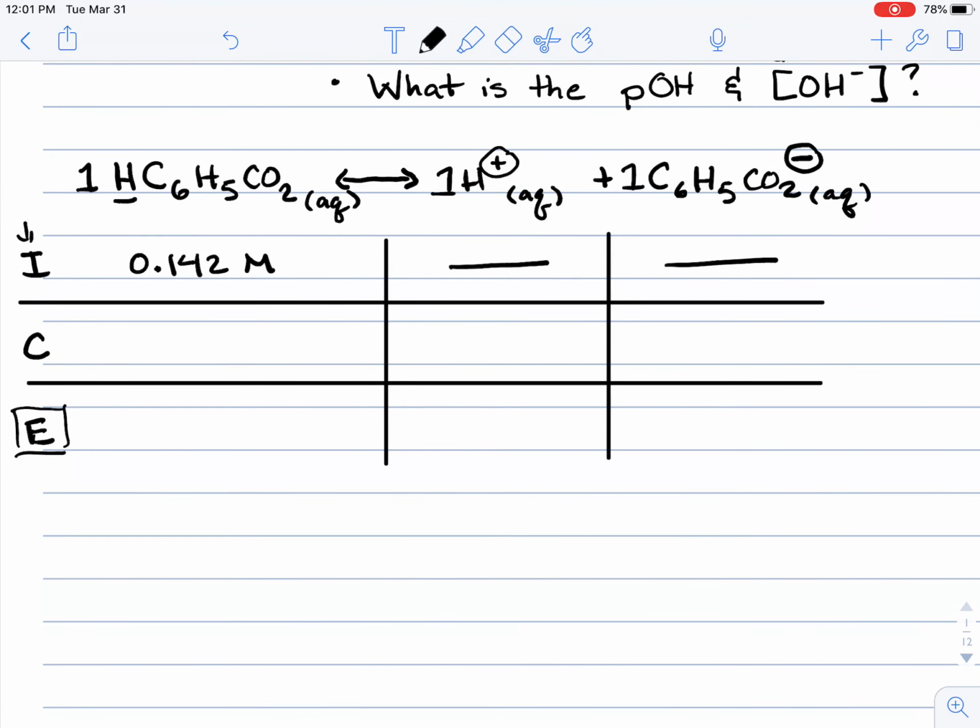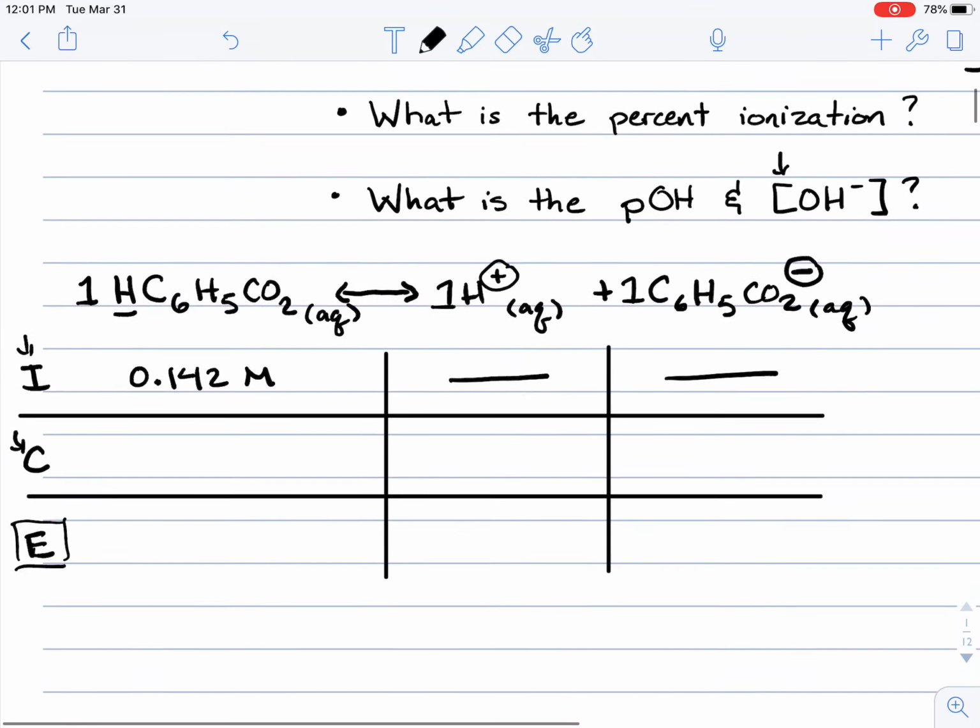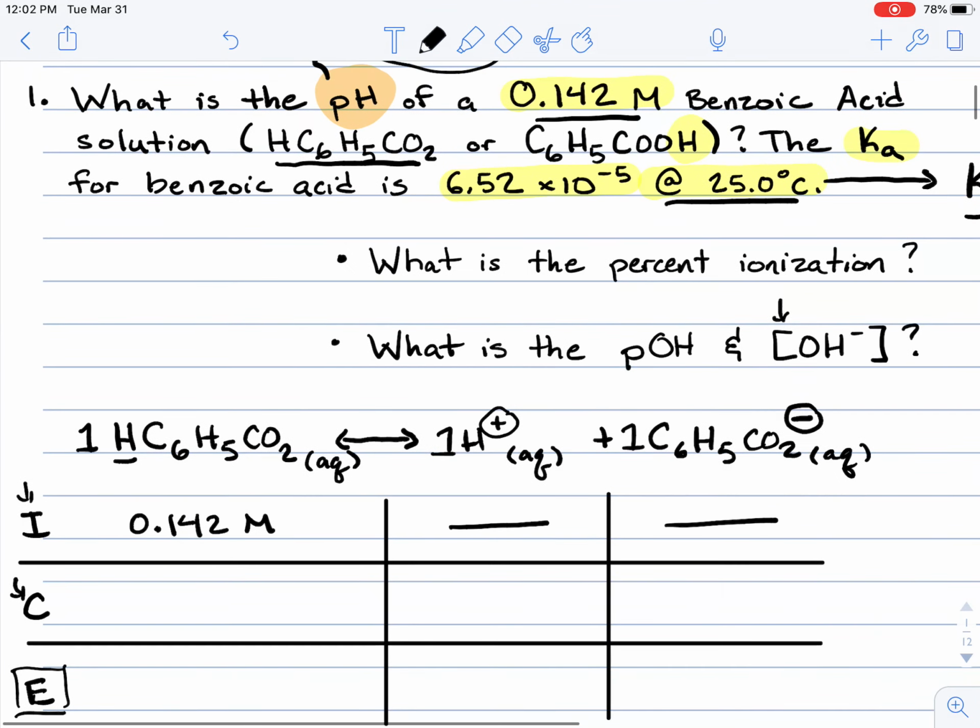Now, when we're looking at the change, or C, we need to understand the chemistry of our chemical compound. If you look at our Ka value, it is something times 10 to the negative 5.